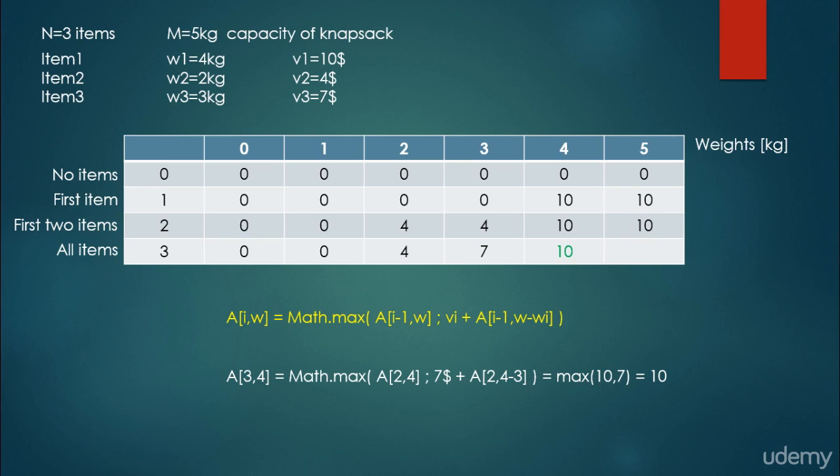Then it's going to be the 10, because we have to look it in the tables, and we come to the conclusion that we have to decide between 10 and 7, and 10 is greater, so it's going to be 10.